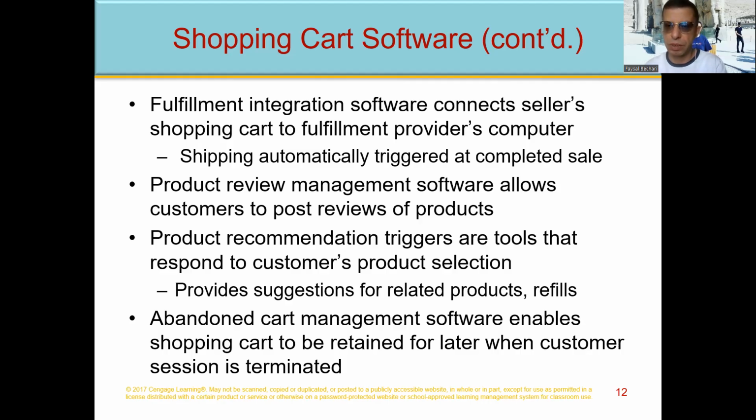Product review management software usually allows customers to post a review of a product. We also see product recommendation triggers, which are tools that respond to a customer's product selection and provide suggestions for a related product, probably refills.